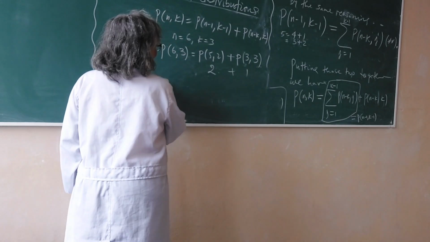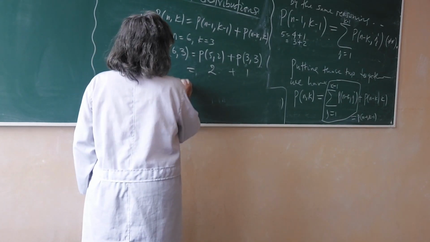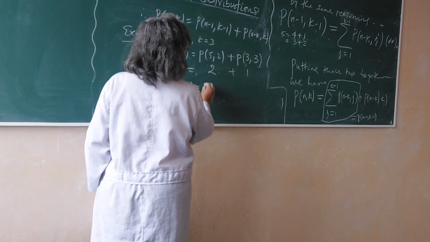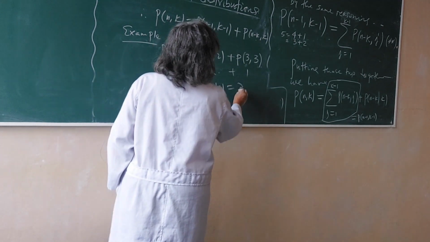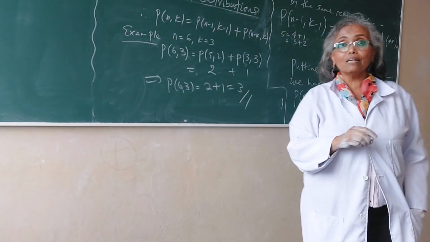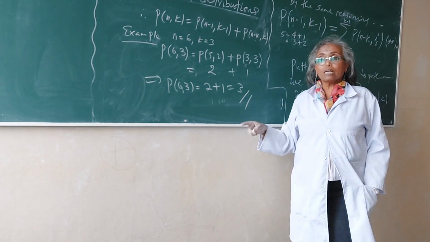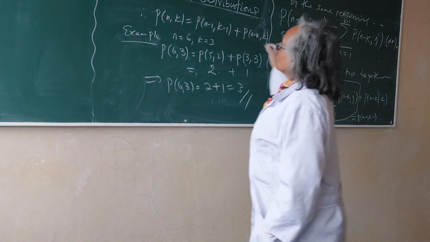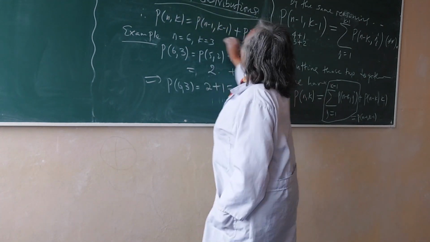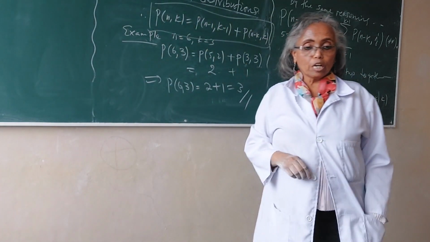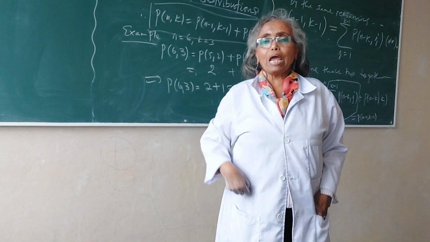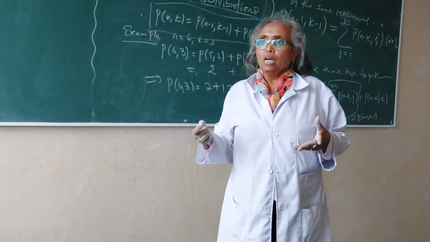So what this means is P(6, 3) is nothing but 2 plus 1, which is 3. And we have already seen that there are 3 partitions of 6 into 3 parts. So this may be helpful to reduce n when it's hard.